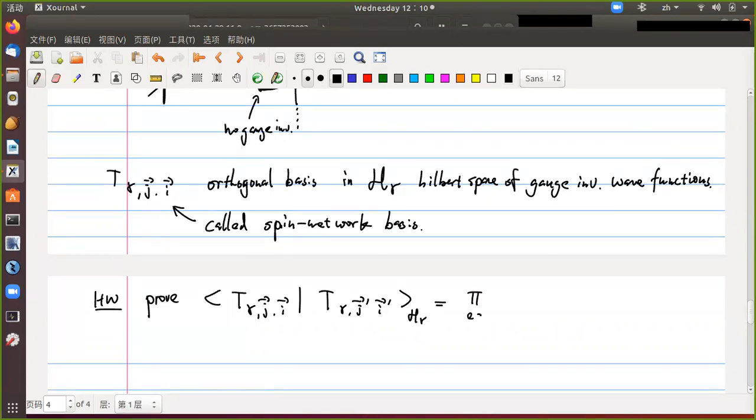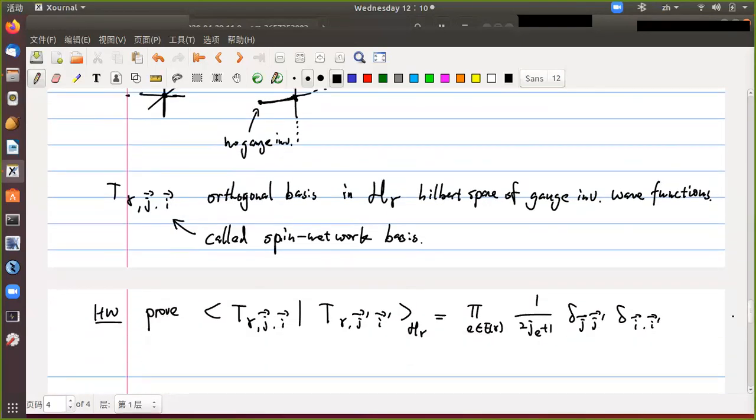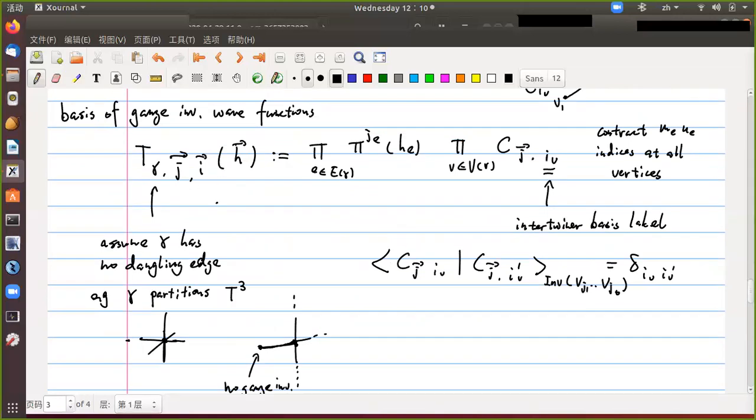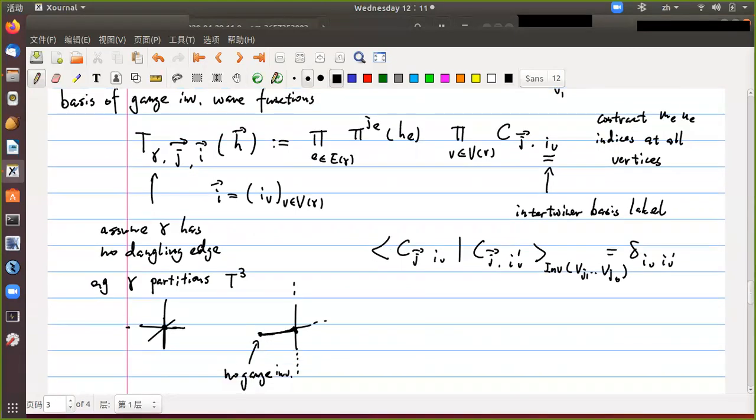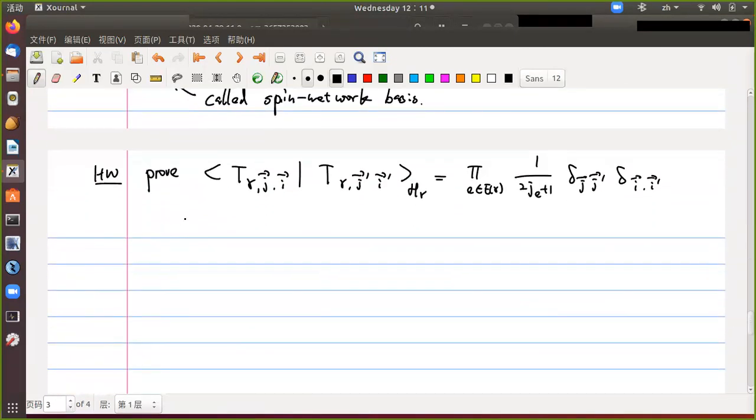The result is a delta, and here I put a vector I because I is a sequence of intertwiners at all vertices. These gauge invariant wave functions depend on the graph gamma, on the spins of all the edges, and on the intertwiners at all vertices. So prove this inner product.